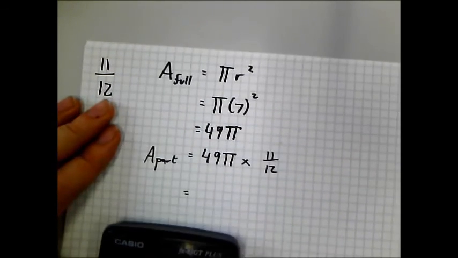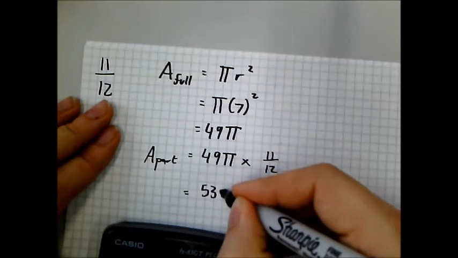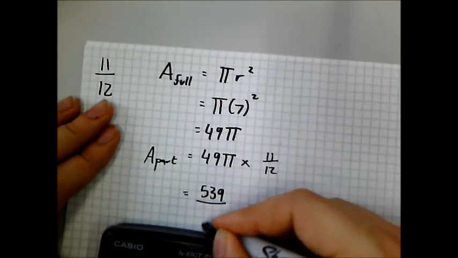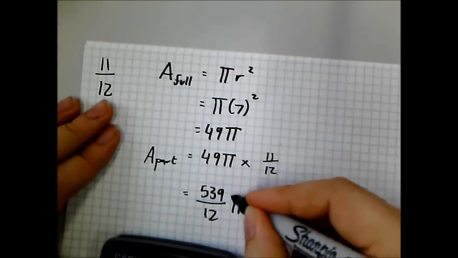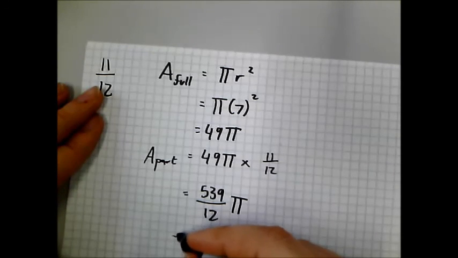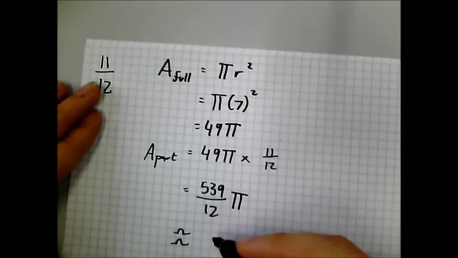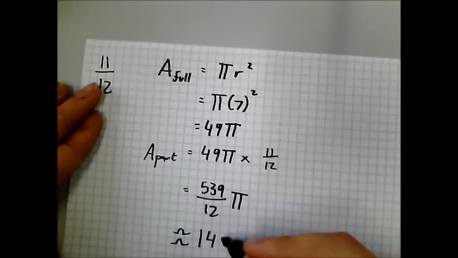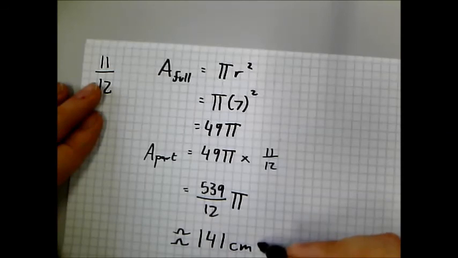Okay, so the exact value is 539/12 pi. And as a decimal to 3 significant figures, it's approximately equal to 141 centimetres squared.